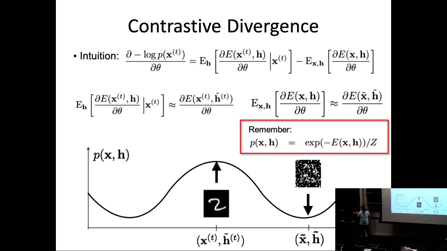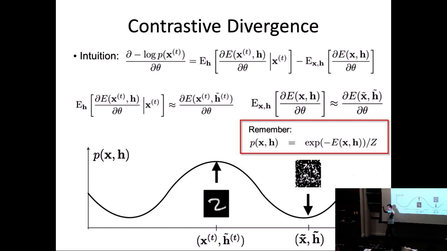Yes? Why will the sampling corrupt the image? It doesn't necessarily have to corrupt the image, but as you sample from the model, during learning, you're hoping that P of x, your model, will actually look more like your real data.